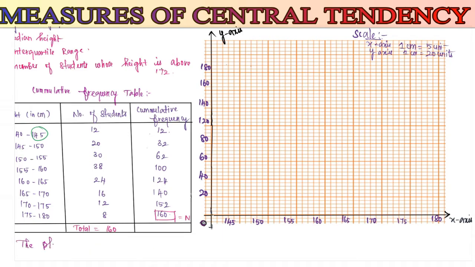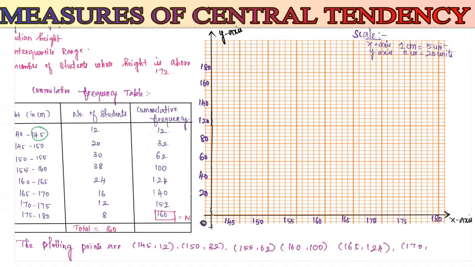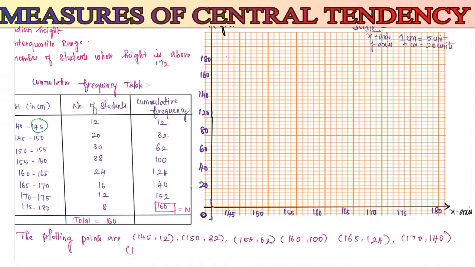The plotting points are 145, 12; 150, 32; 155, 62; 160, 100; 165, 124; 170, 140; 175, 152; 180, 160.